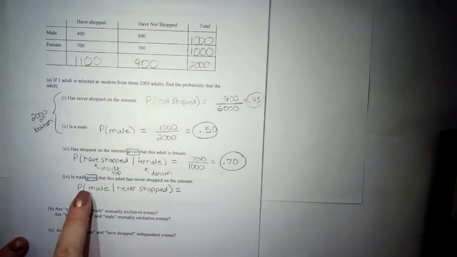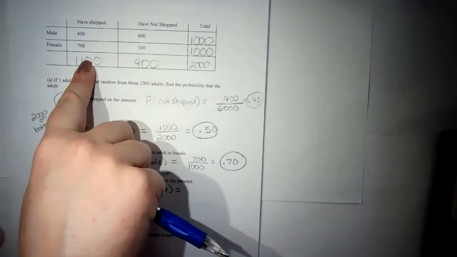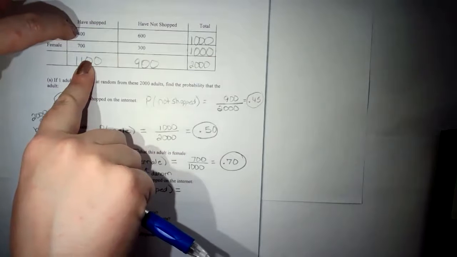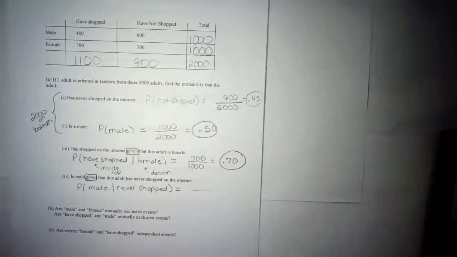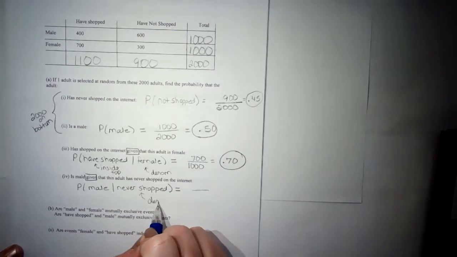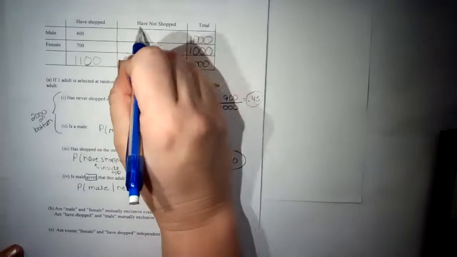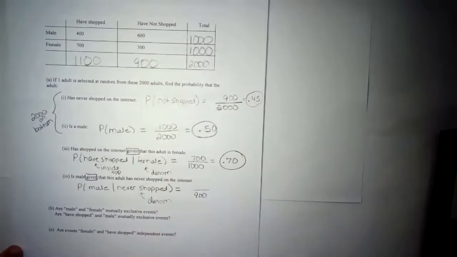So if this was a male that has shopped, that would be my denominator. My numerator would be 400. Yeah. Okay. Sorry. Sometimes I'm prone to miss that. Okay. So never shopped. This is my denominator. Okay. So have not shopped is 900.